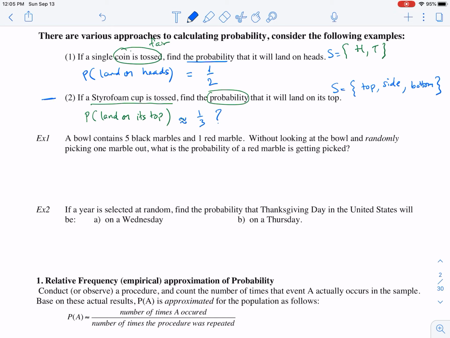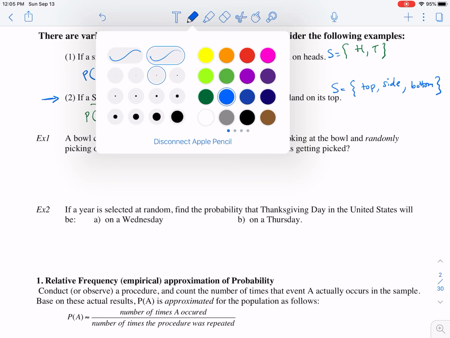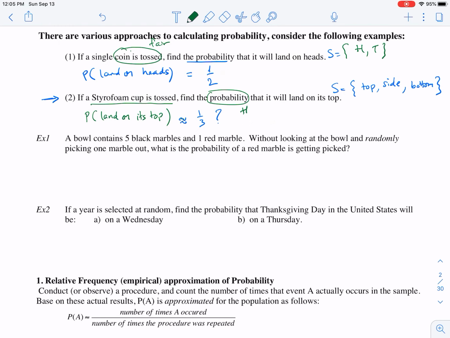So with this, we have the outcomes. We call that scenario. We say that in this case we don't know because the outcomes, side or bottom, are not equally likely.